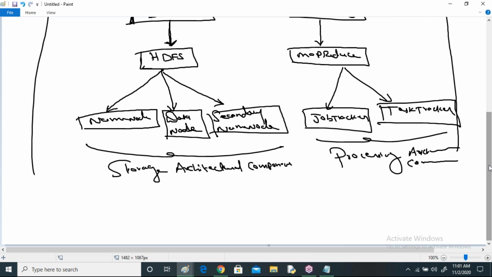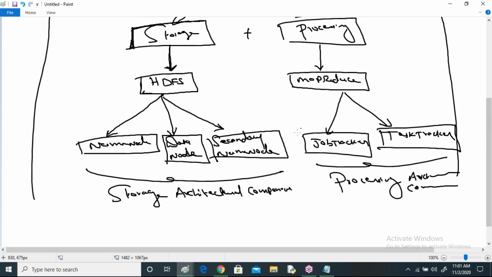See, one second. Anything task related means processing components, job tracker. Anything storage. See, these job tracker and task tracker names are also changed. There are some changes you are seeing in the Hadoop 2 version. You are not going to see the job tracker and task trackers.